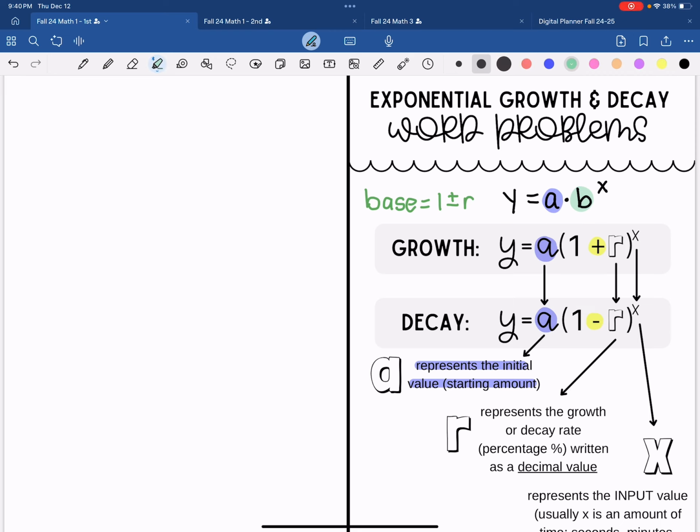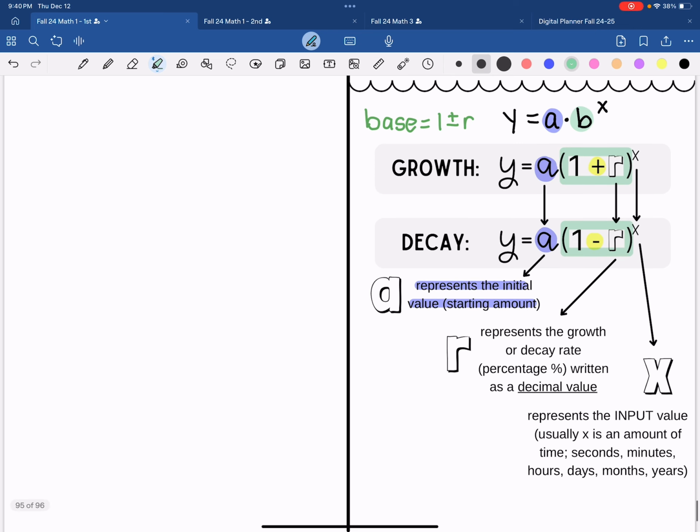So my base for growth is going to be 1 plus r. That whole thing in the parentheses becomes my base. Or with decay, it's going to be 1 minus r. That's my whole base. So what you need to understand is that we're breaking down the base and calculating it based off of the information that's given.